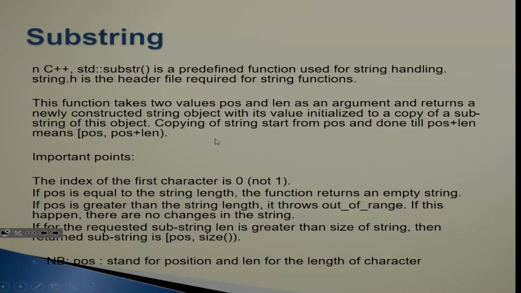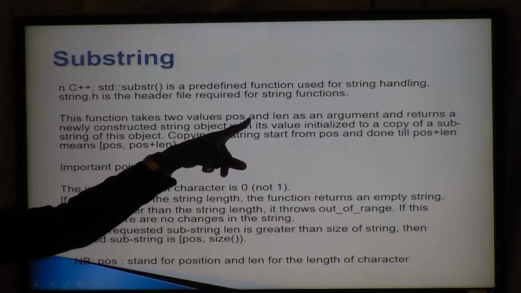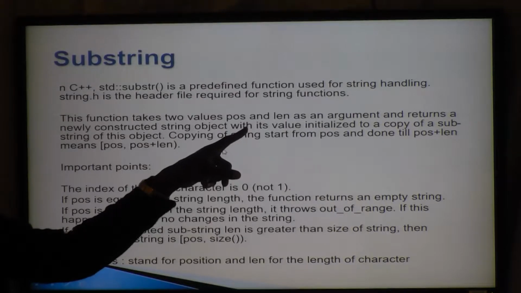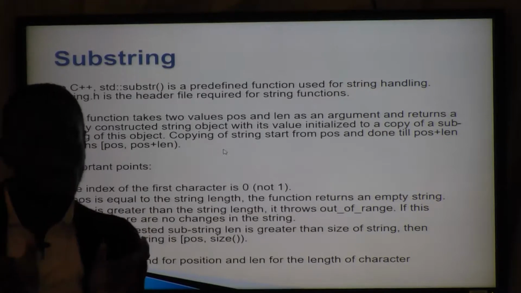This second part says this function takes two values, pos and length, as arguments and returns a newly constructed string. It takes two arguments. All of us already know when you are talking about arguments, those are the parameters inside of the function, right?